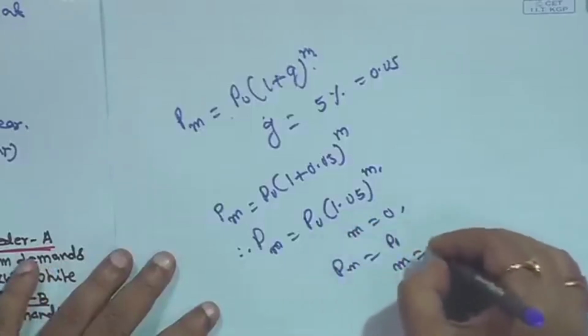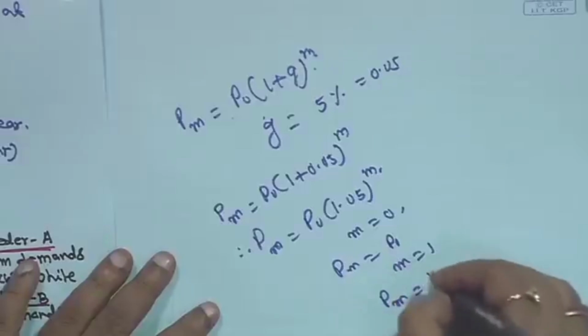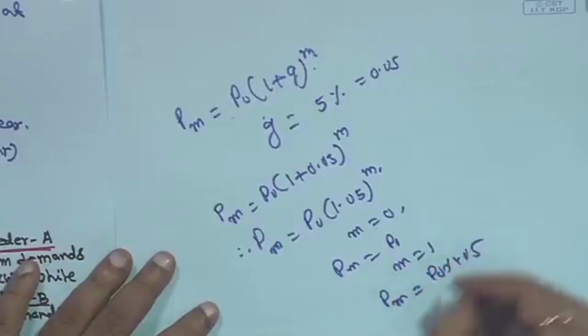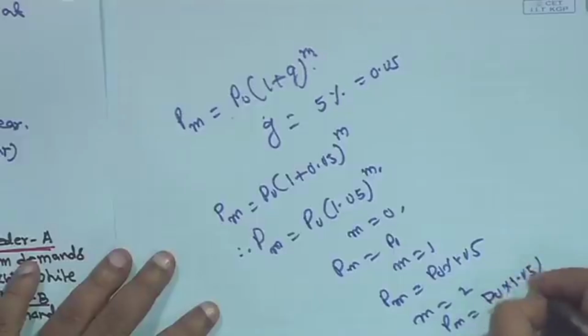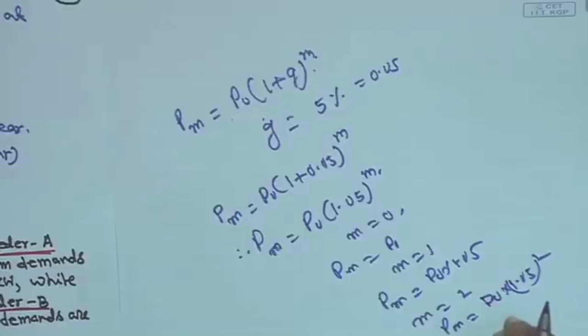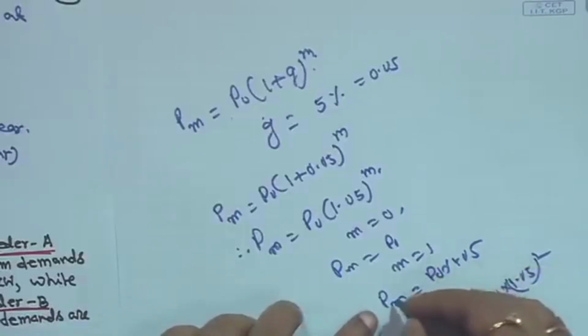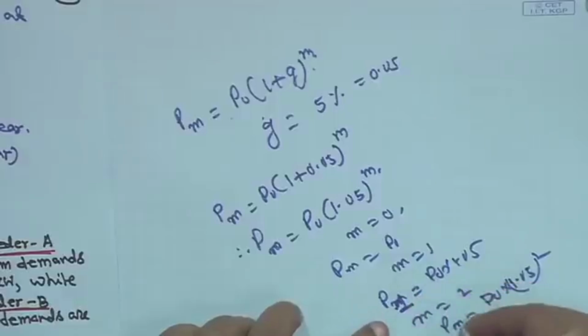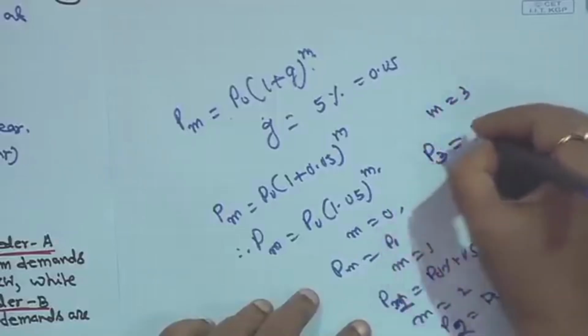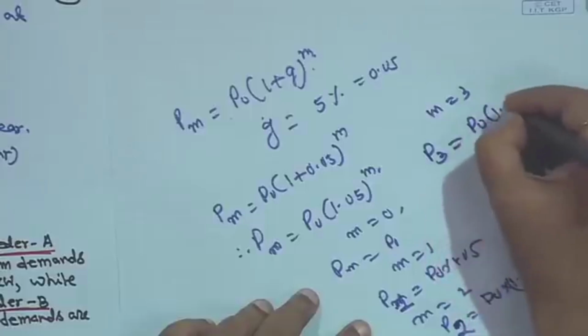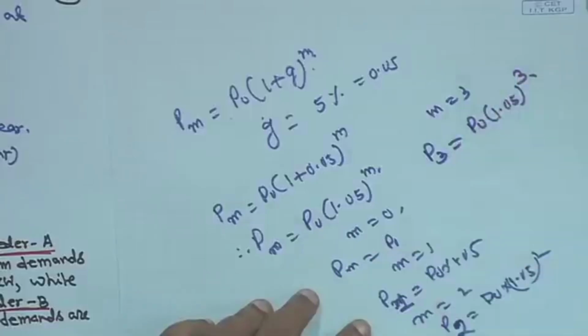Now when m is equal to 1, Pm is equal to P0 into 1.05. When m is equal to 2, Pm is equal to P0 into 1.05 square, and so on. Similarly, when m is equal to 1, P1 is after the first year, when m is equal to 2, P2 is this one, and when m is equal to 3, P3 is equal to P0 into 1.05 cube, right.